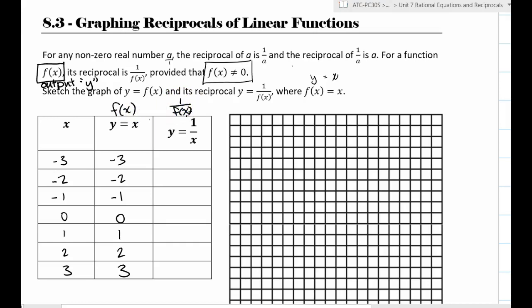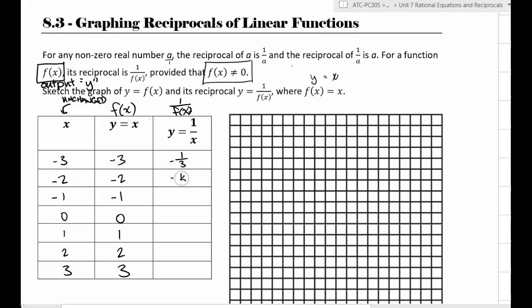When we take the reciprocal of it, what we're doing is x stays the same. Unchanged. It's just our output that's changing. We're doing 1 divided by it now. So in this case, 1 over -3 is -1/3.